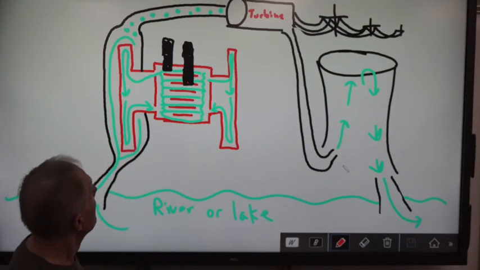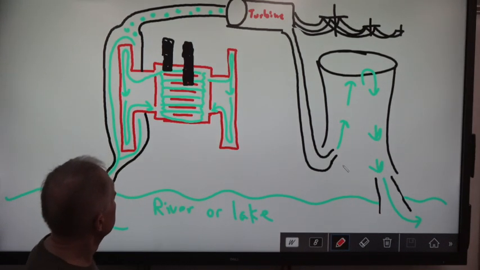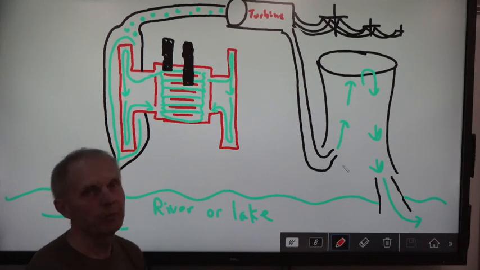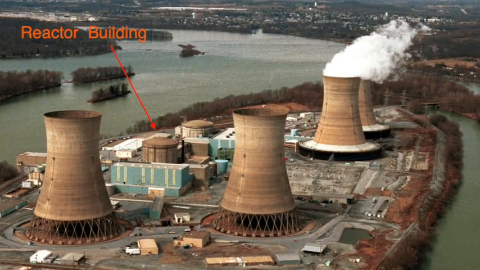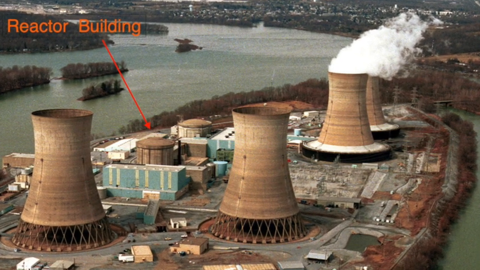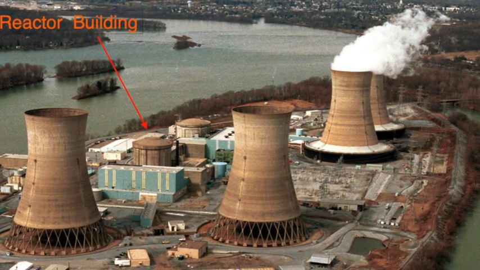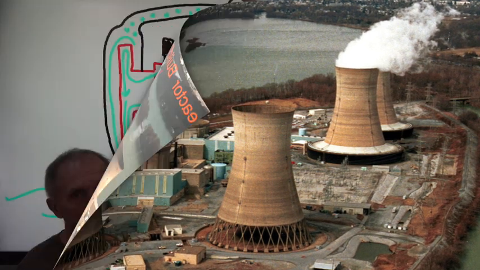Well, what happened in 1979 is there was a problem with the coolant. Here's a picture of 3 Mile Island in the middle of Susquehanna River, and the reactor building is labeled. That's the one that partially melted down, and you can see the big old cooling towers for the superheated water there.